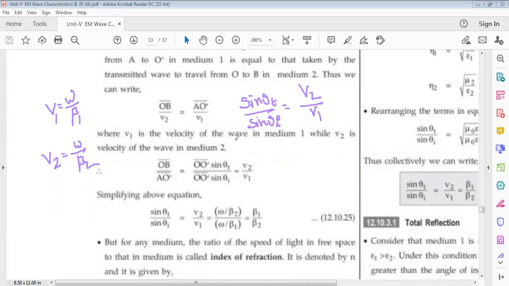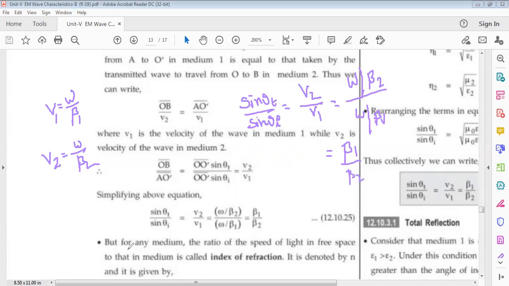Okay, so by using V1 and V2, we'll get sine theta T by sine theta I is equal to V2 by V1. What is V2? Omega by beta 2. And what is V1? Omega by beta 1. Both having the numerator the same, we'll get beta 1 by beta 2.